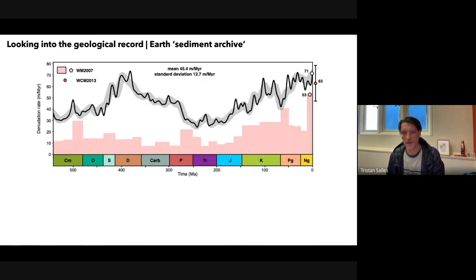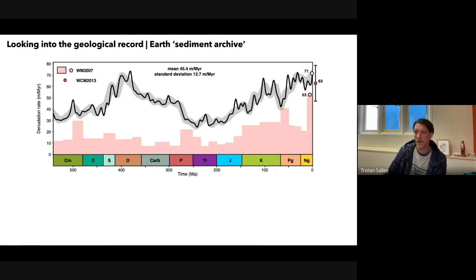But what we can do with this model is look at the denudation rate. Here I'm looking not just at the last 100 million years; we ran the model for the entire Phanerozoic, so about 541 million years, and that's the mean denudation rate predicted by the model.